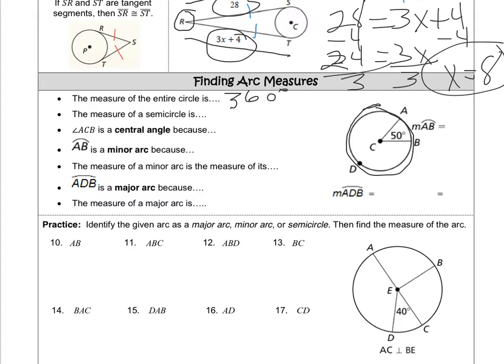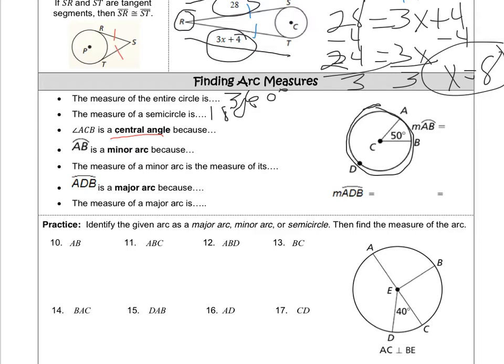Well, what would be the measure of a semicircle? It'd be half that, right? So it'd be 180 degrees. All right, a new term here is the word central angle. They say angle ACB is a central angle.